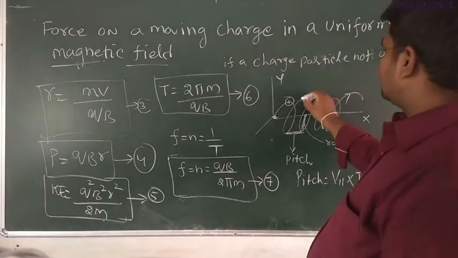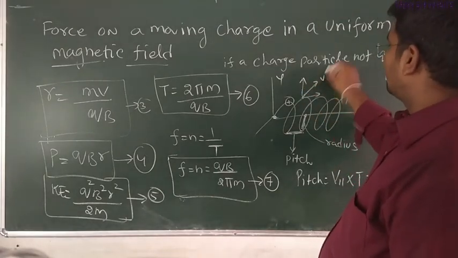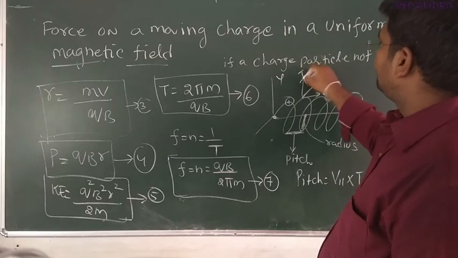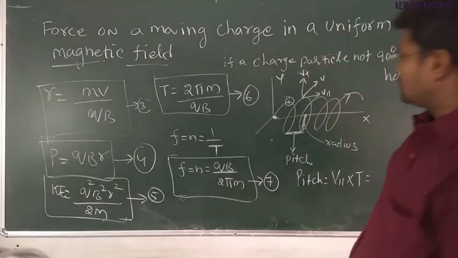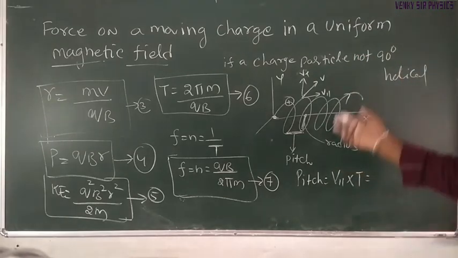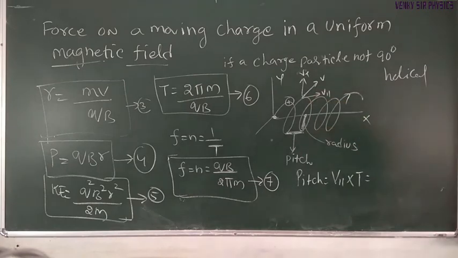So at this point, like this, V parallel, V tangential. Understand? So the components of the velocity vector are given by parallel and tangential. By that, the resulting path is helical.